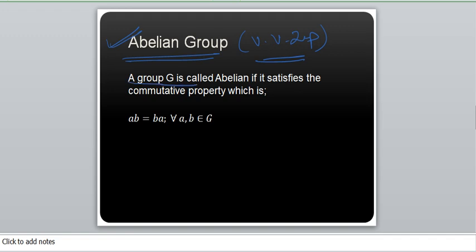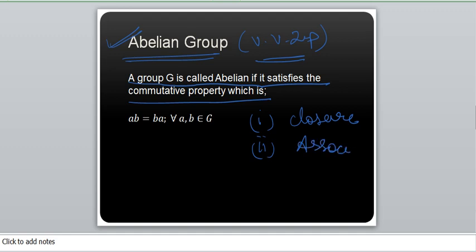What does it say? A group G is called abelian if it satisfies the commutative property. So it satisfies all the group properties. First one is closure. Second one is associativity, which is a criterion for the group. Third one is the identity.